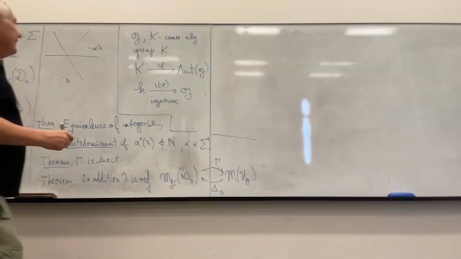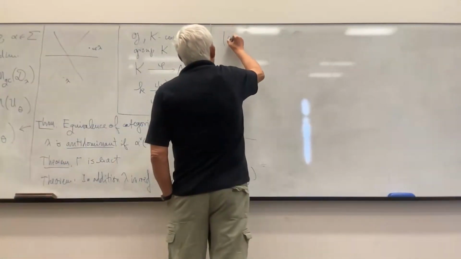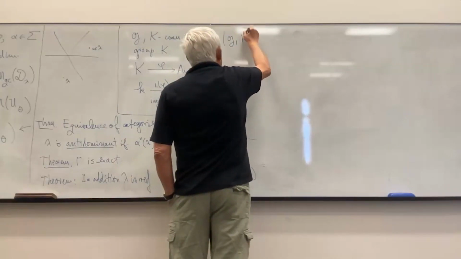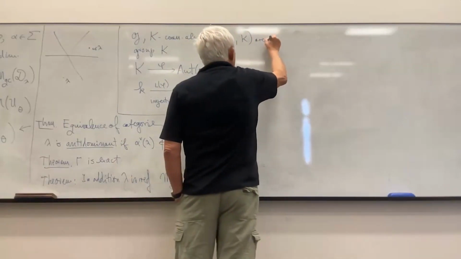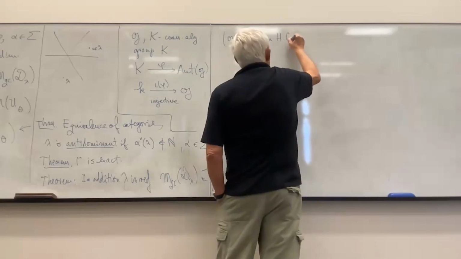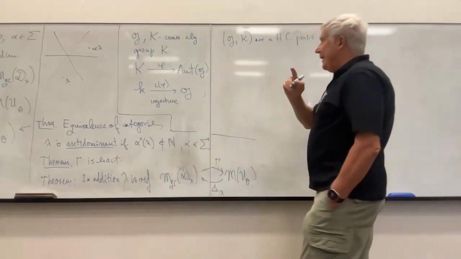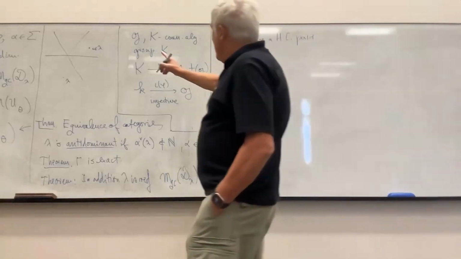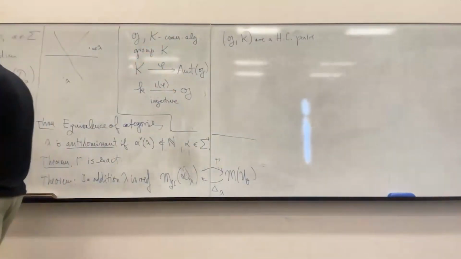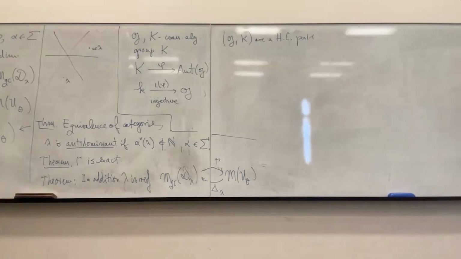So we say that G and K are a Harish-Chandra pair. In the case discussed by Dougal, G was the complexification of the real Lie algebra of the group G_R, and K was the complexification of the maximal compact. I think you denoted it by K_R.